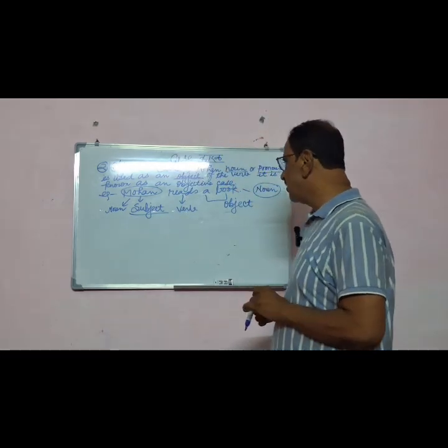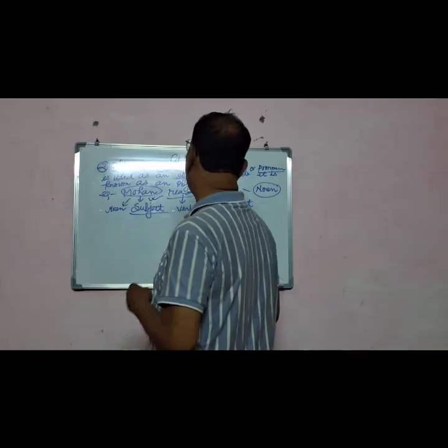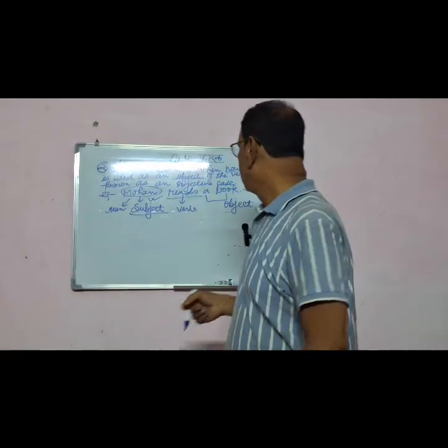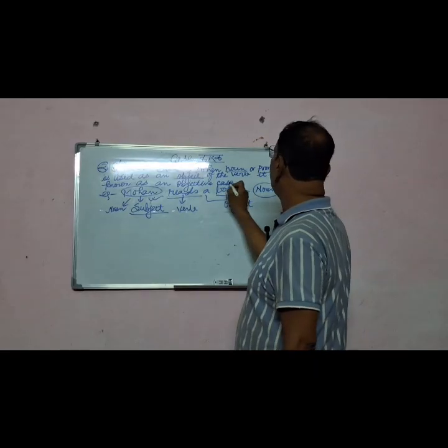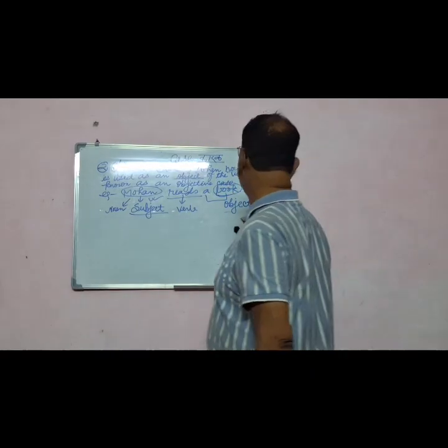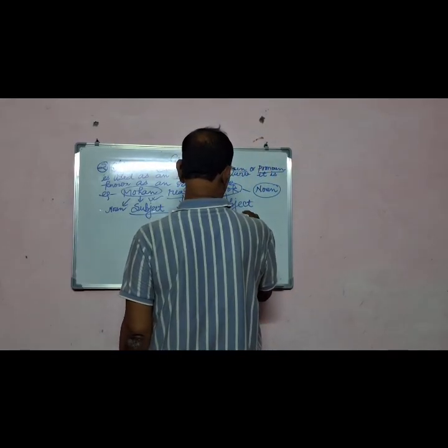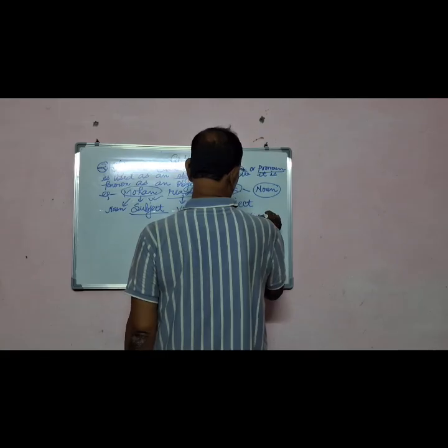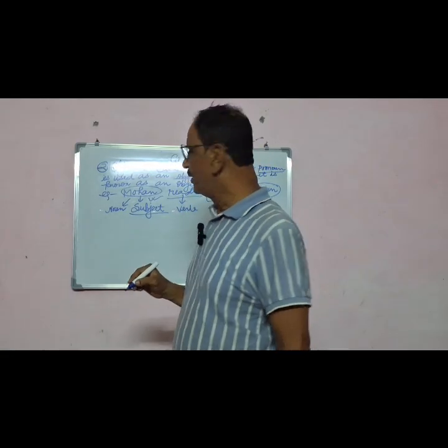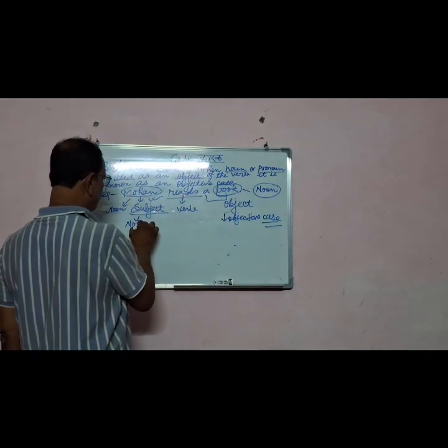But what is the difference? In the first case you see that this noun acts as a subject of the verb, while this noun acts as an object of the verb. Here it is an objective case. But in this case, you will see that this becomes nominative case or subjective case also.